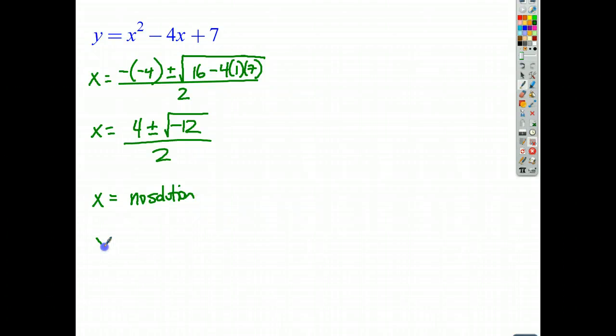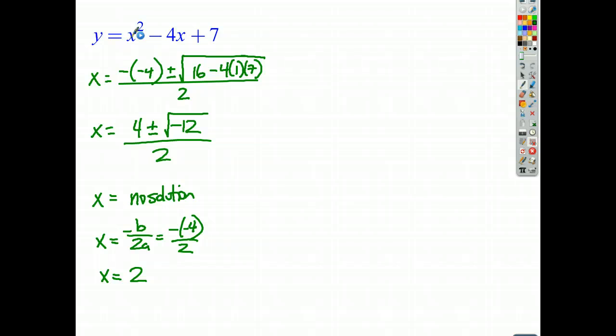Let's graph this. Let's figure out where this vertex is. So the vertex is going to be at negative b over 2a, which is going to be negative negative 4 over 2. So x is going to be equal to 4 divided by 2, which is 2. So that would be my axis of symmetry. So then let's plug in 2. So 2 squared is 4.